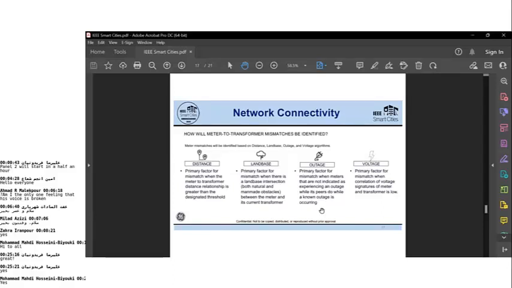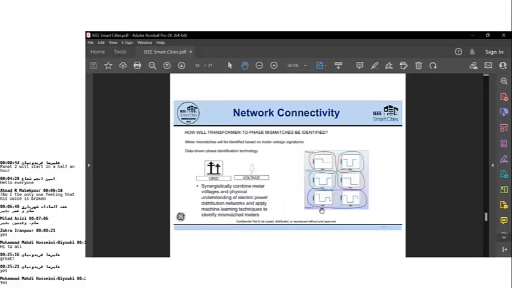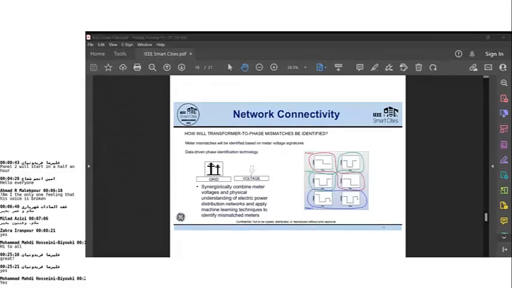The next one is basically how transformer phase mismatch is identified. This one is purely data driven, and we look into the voltages at a meter level. On the right side, you can imagine that we have three-phase voltages on two different meters, those two columns. Basically, it's trying to cluster and saying that, hey, I believe these two voltages are presenting the same signature.